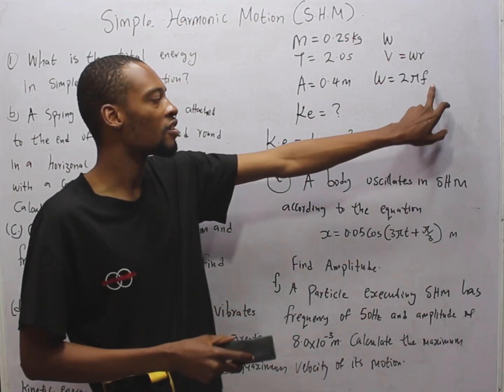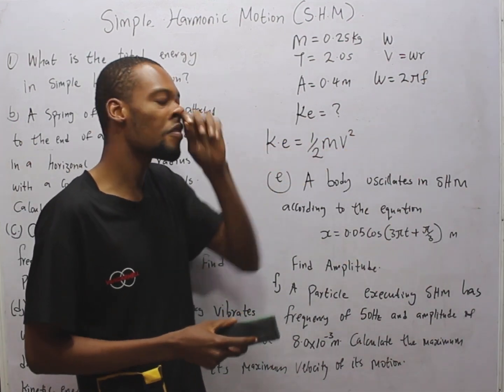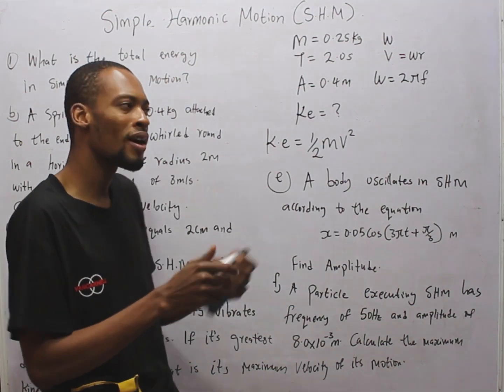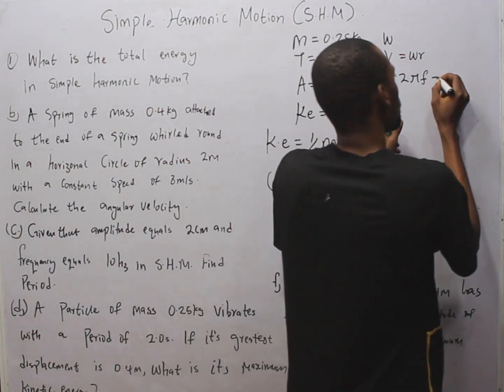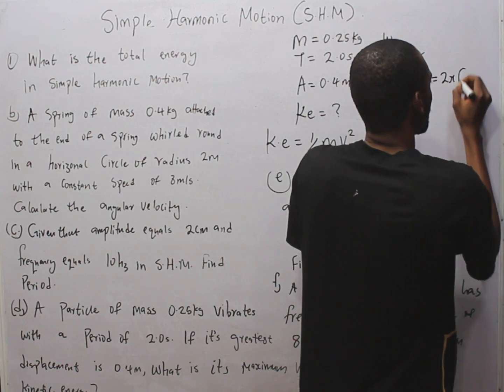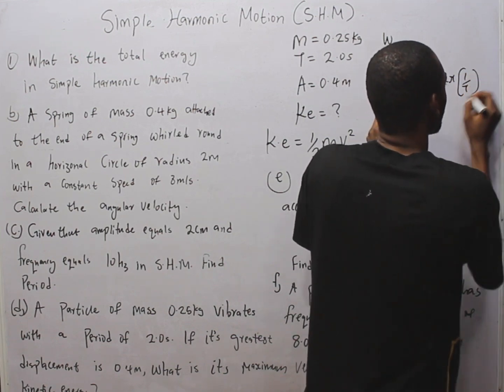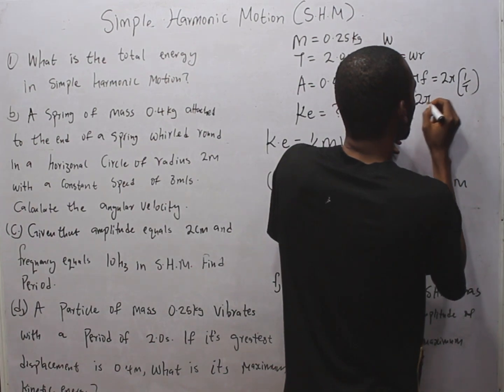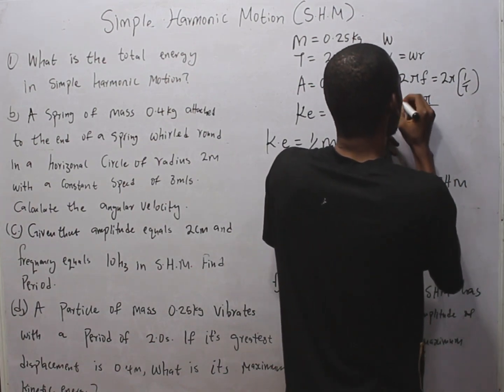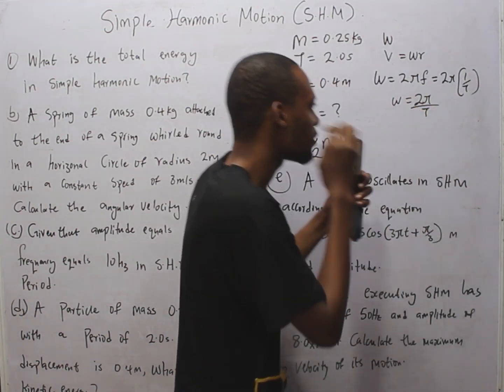And what is f? F is frequency, and frequency is also 1 over period. This means angular velocity is equal to 2 pi times 1 over period, giving us 2 pi over T. W is equal to 2 pi over T.